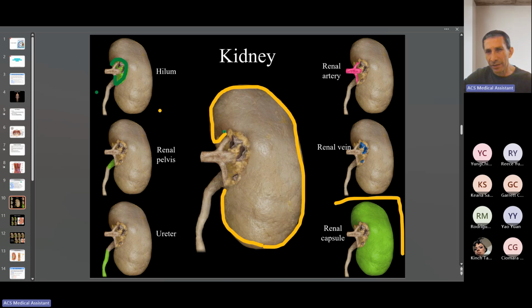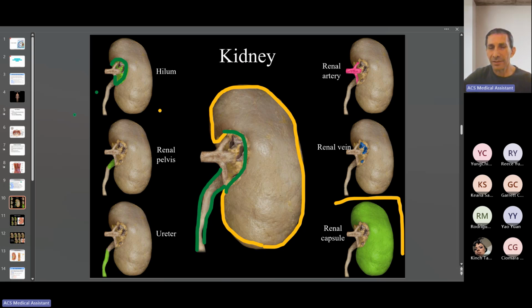Remember, the kidney looks like a bean, and that little notch of the bean is where the blood vessels, the renal arteries, and the upper part of the ureter, which is called the renal pelvis, are going to enter the kidneys.